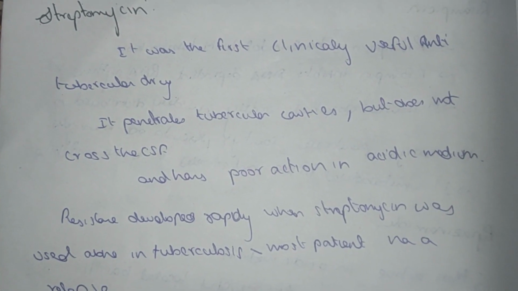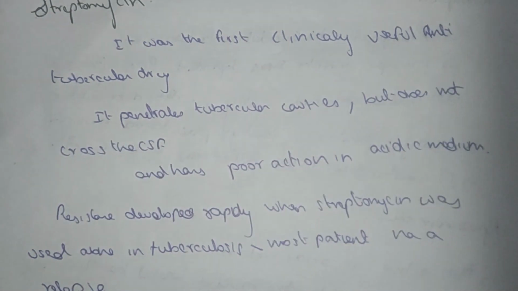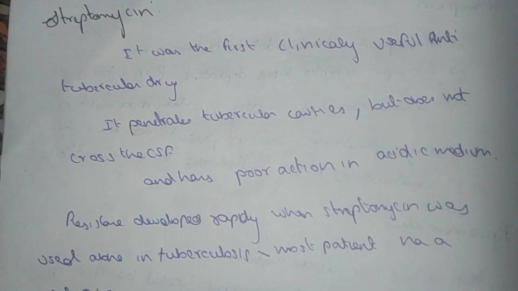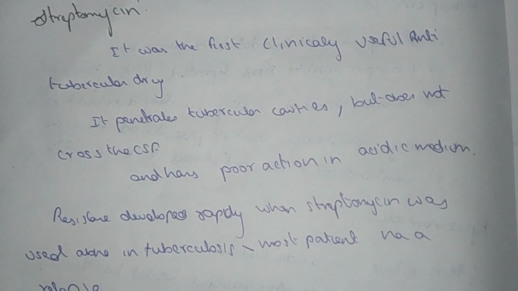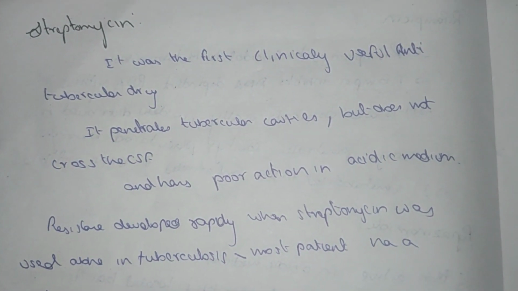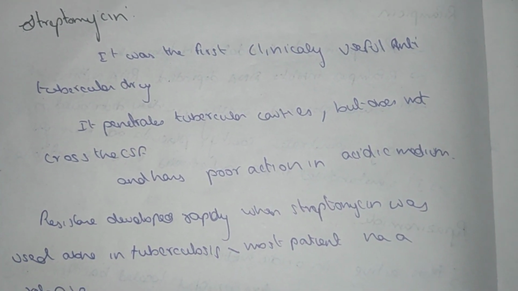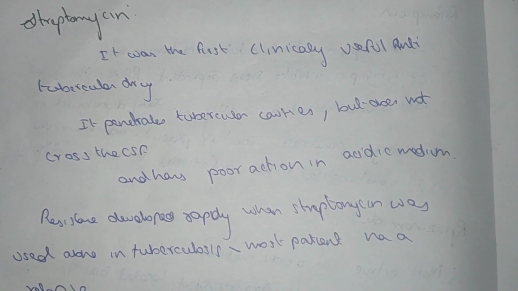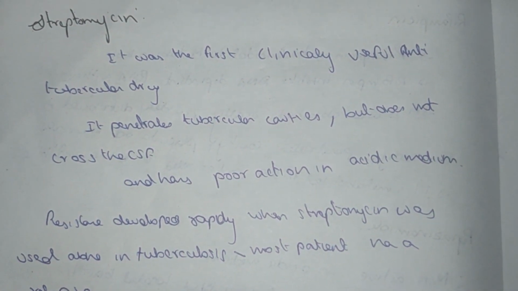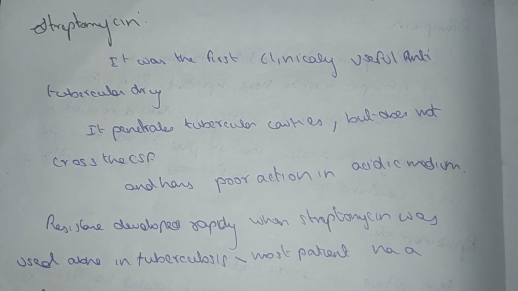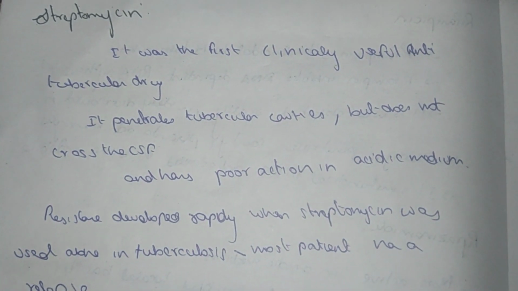Now the Streptomycin. This is the last drug in the first line antituberculosis drugs, and it was the first clinically useful tubercular drug. It penetrates into all the tubercular cavities but does not cross the CSF, whereas ethambutol as well as pyrazinamide do cross the CSF.